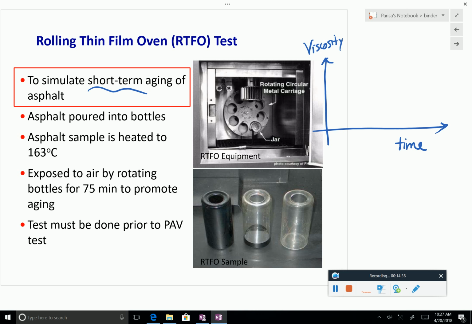Aging of asphalt. Viscosity changes with time. How did it go? Let me see a few triangles. I know you have it in your notes. It's okay if you don't remember.